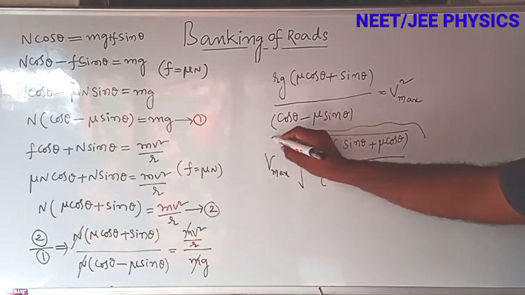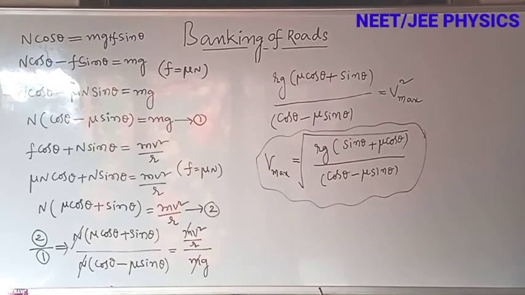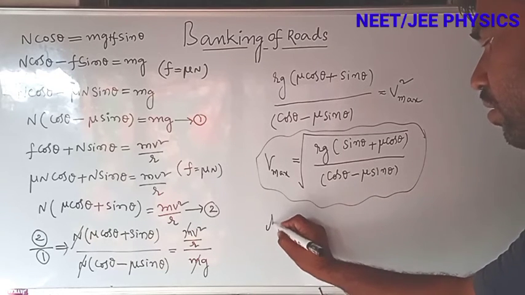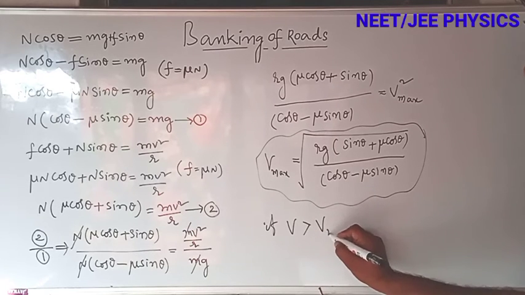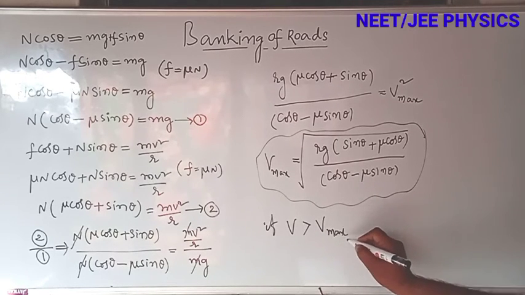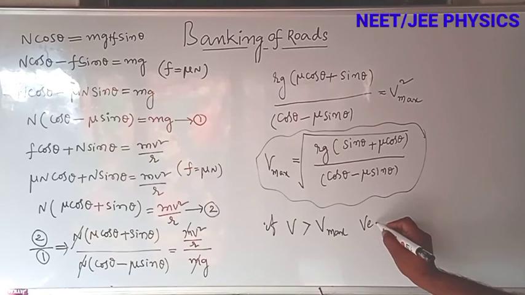This is the maximum velocity while turning on a circular track, banked roads. If the velocity is greater than this maximum velocity, the car will skid outwards.